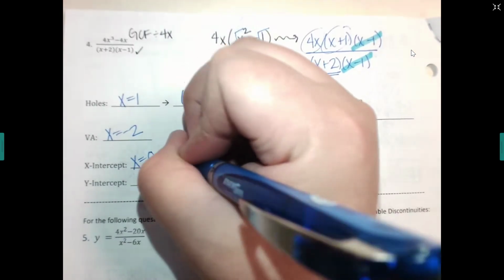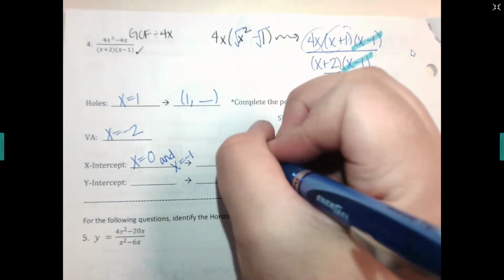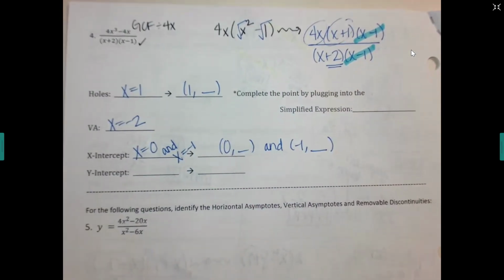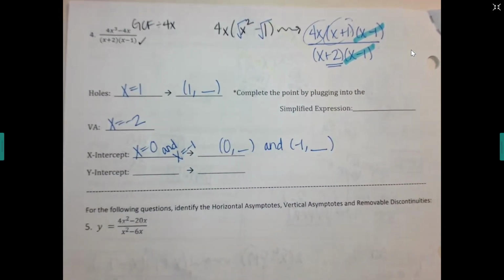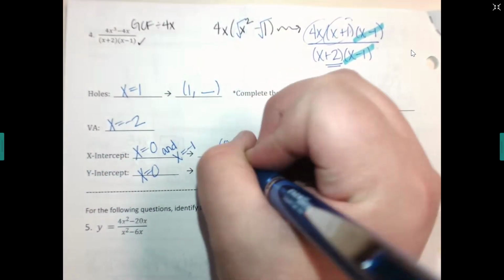That means -1. So for your x-intercepts, you're actually going to need to find 2 partners in the chart. It would be 0 comma something and -1 comma something. Okay, because there are 2 x's left on the top, that means you're going to have 2 x-intercept answers. Okay, then remember your y-intercept answer is always 0's partner.